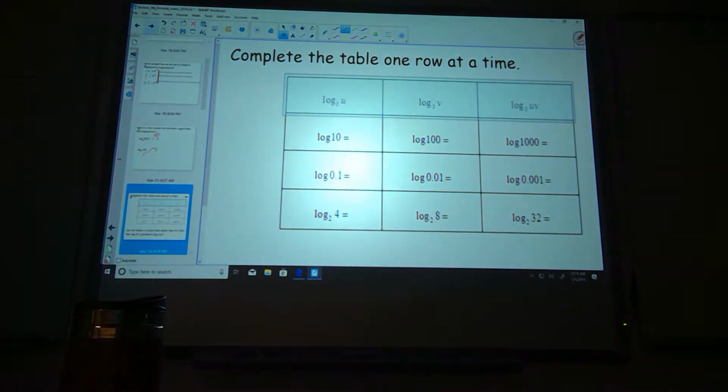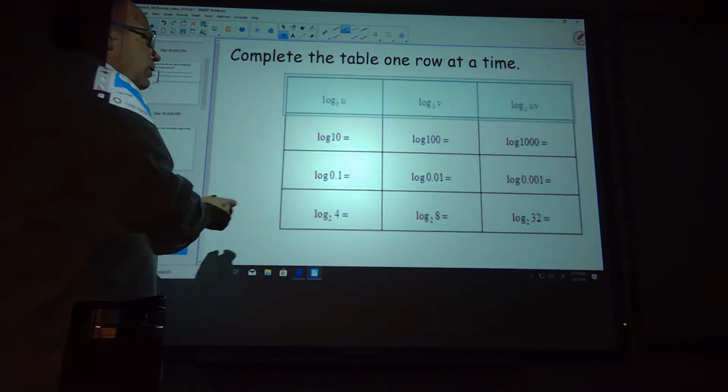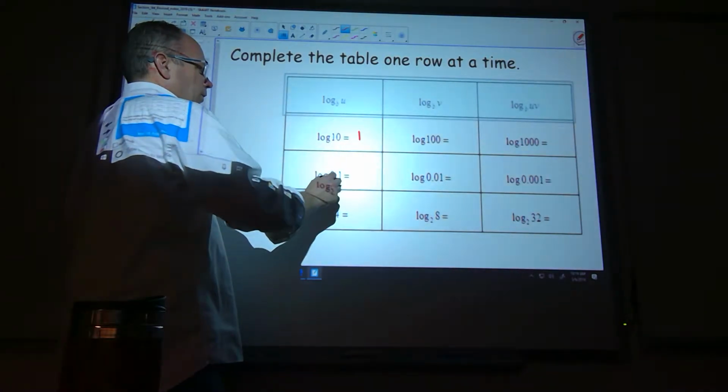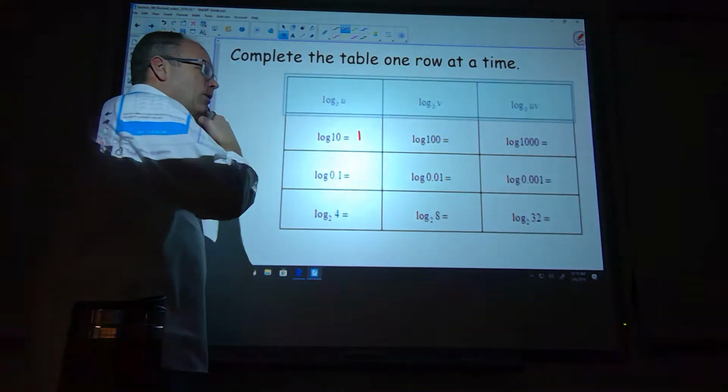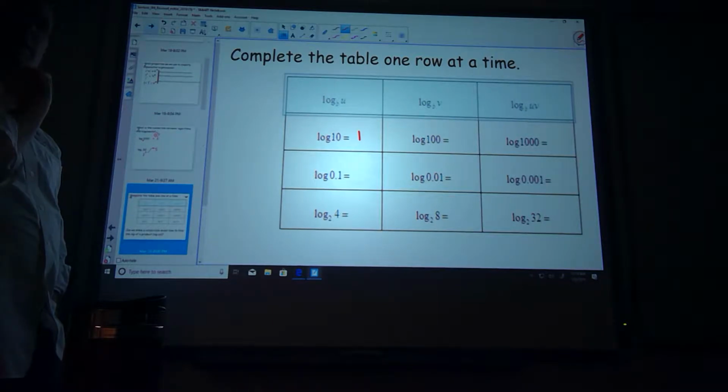And then let's complete this table. I know yours is a little blurry. So the basic rule is log base b of u, and the next one is log base b of v, and log base b of uv. Okay, so this first one just comes out to 1. This next one comes out to 0. What is that?